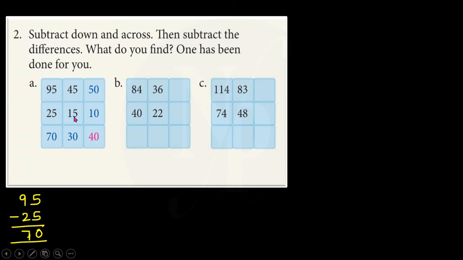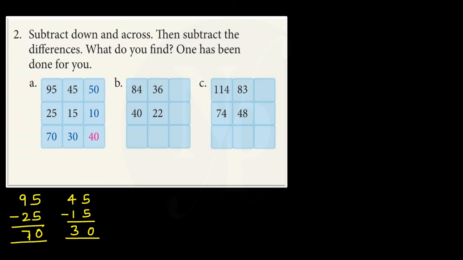Coming to second column, subtracting 15 from 45 or 45 minus 15. 5 minus 5 is 0, 4 minus 1 is 3, 30. See, 30 is filled here.